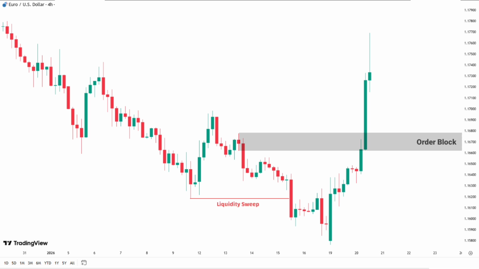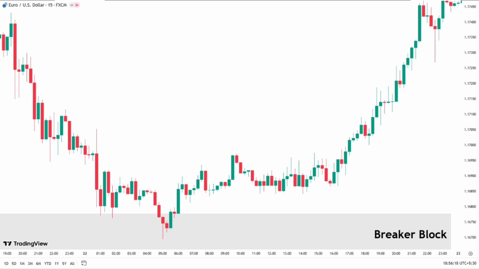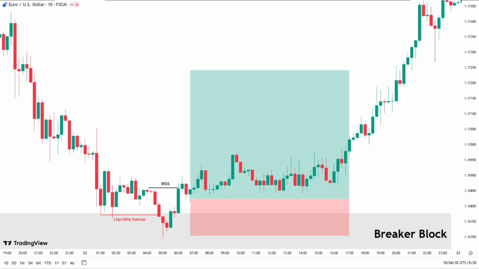Immediately after the sweep, a strong bullish displacement breaks above the most recent lower high, confirming a market structure shift. The last bearish candle before the rally becomes the bullish breaker block. Price retraces into that zone, forms lower timeframe bullish confirmation, and continues upward toward equal highs, delivering a clean expansion.